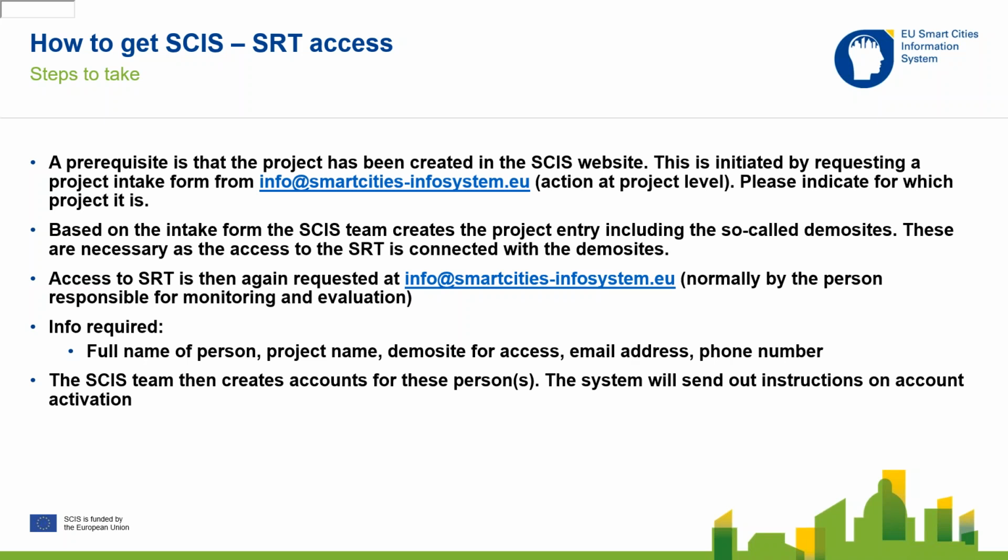That is the general email address for the SCIS team. And the team responsible for that, which is Steinbeis, will send you this form, and completing it gives the SCIS team all the information to create your project entry in a predefined format.